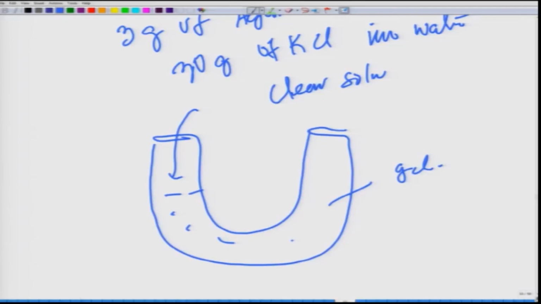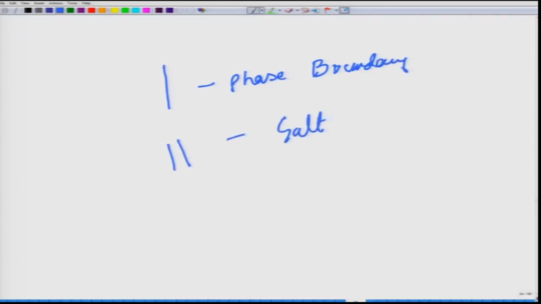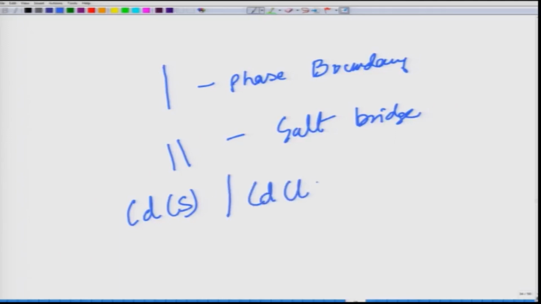And talking about the line notation, here a single line shows the phase boundary and the double line shows the salt bridge. So, the cell in this case is cadmium solid, CdCl aqueous.